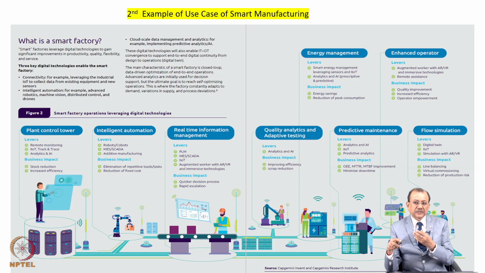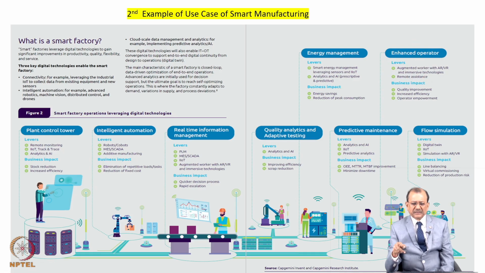In any situation he can take help from those kinds of online robots. That's why we call them enhanced operators, and we will learn about the enhanced operator in the next session.